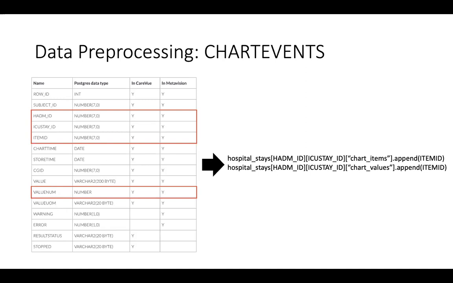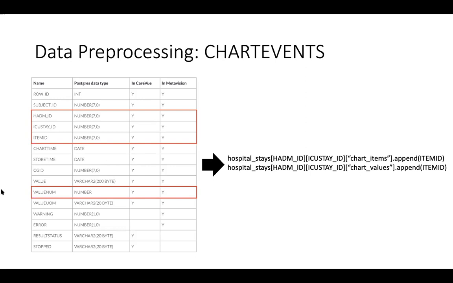But in order to obtain really accurate information, you need value num and value UOM at the same time. But for the sake of simplicity, again, we're just going to assume that the UOMs are all the same. Like if it's blood pressure, it's always going to be mmHg, not something else, like not cmHg. And if we look at body temperature, it's always Celsius, not Fahrenheit, something like that.